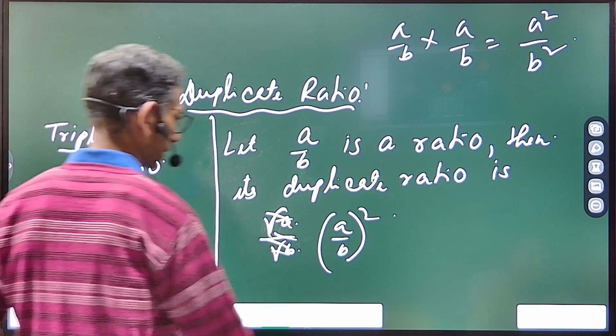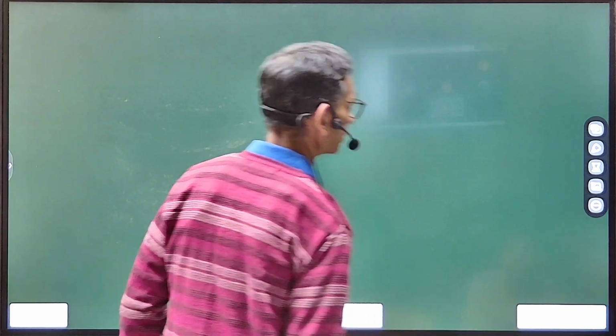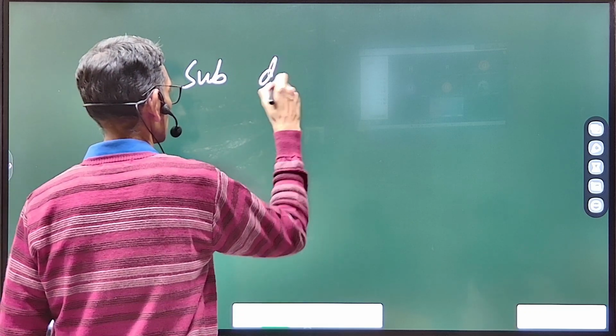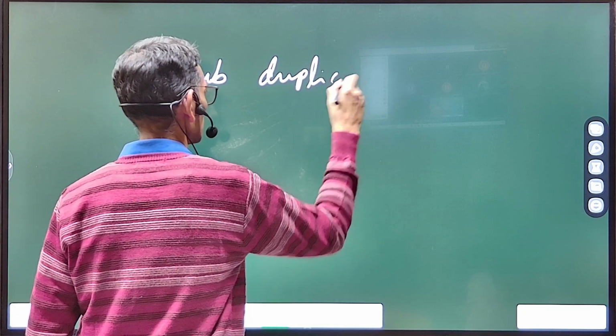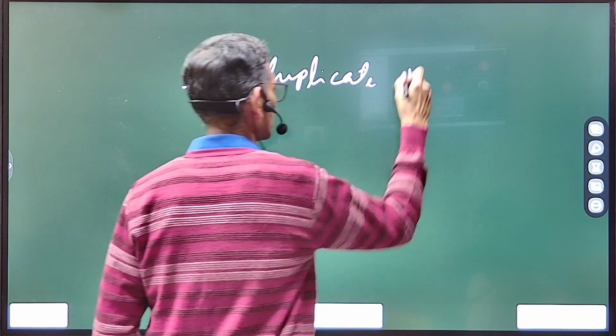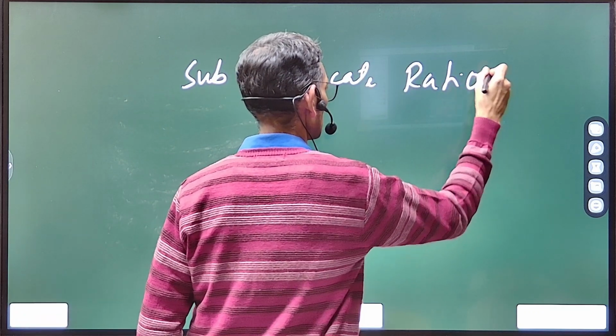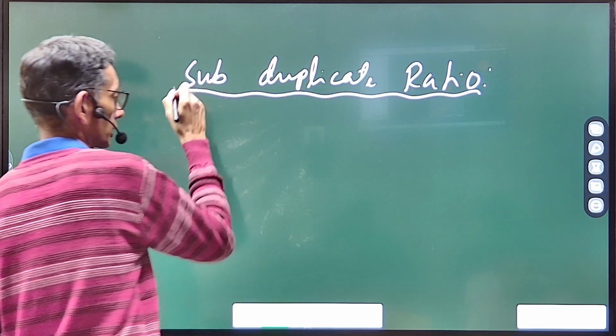Now subduplicate ratio. What is the subduplicate ratio?